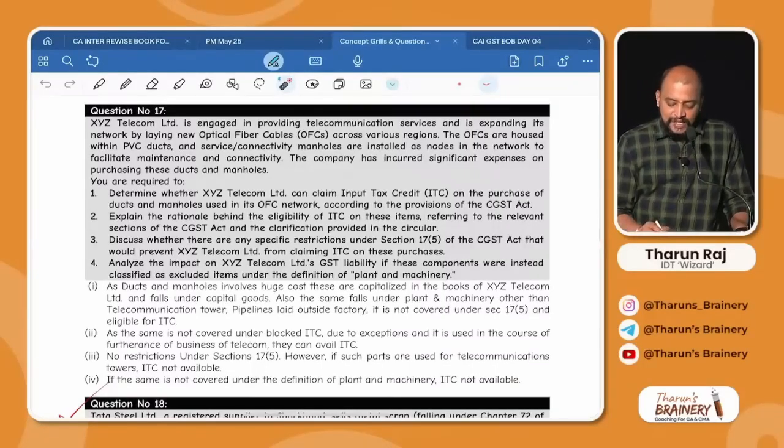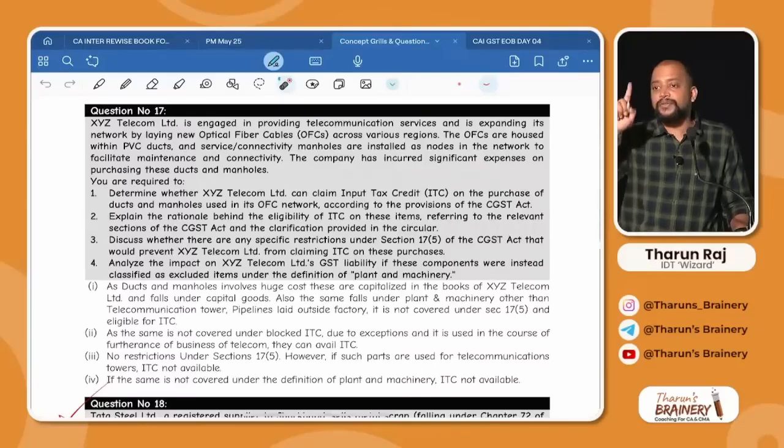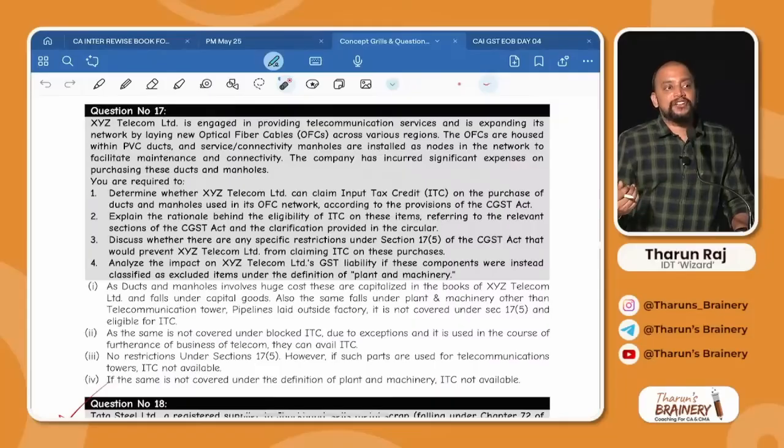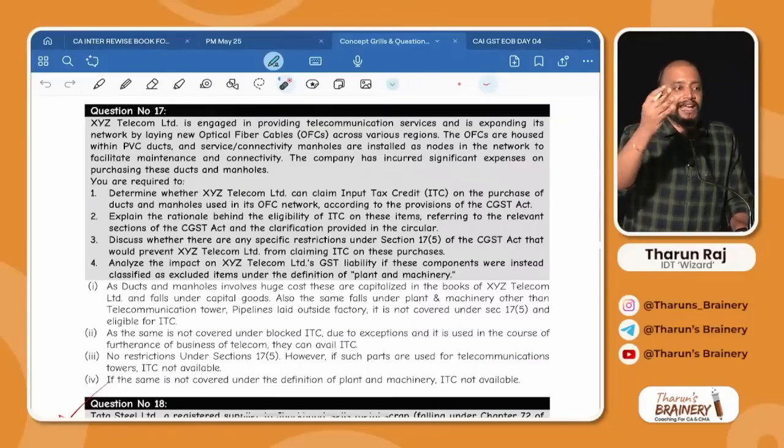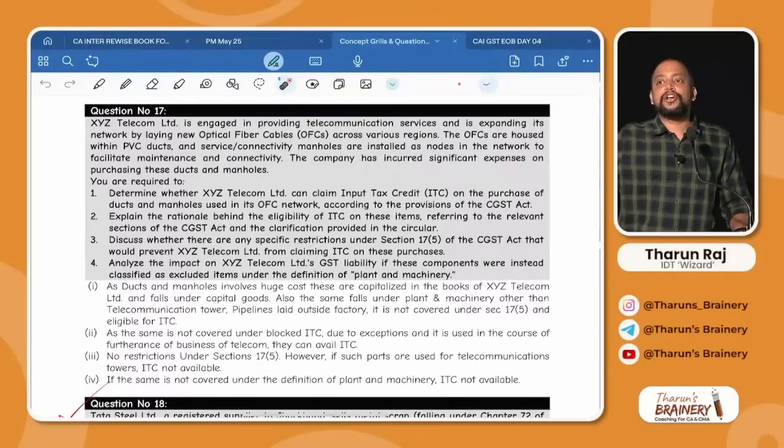Discuss whether there are any specific restrictions under 17(5) that would prevent XYZ Telecom Limited from claiming ITC on these purchases. Yes, only one. What is that? Telecom towers. If they are incurring this expenditure for telecom towers, then they cannot take ITC, because telecom towers are excluded from plant and machinery.